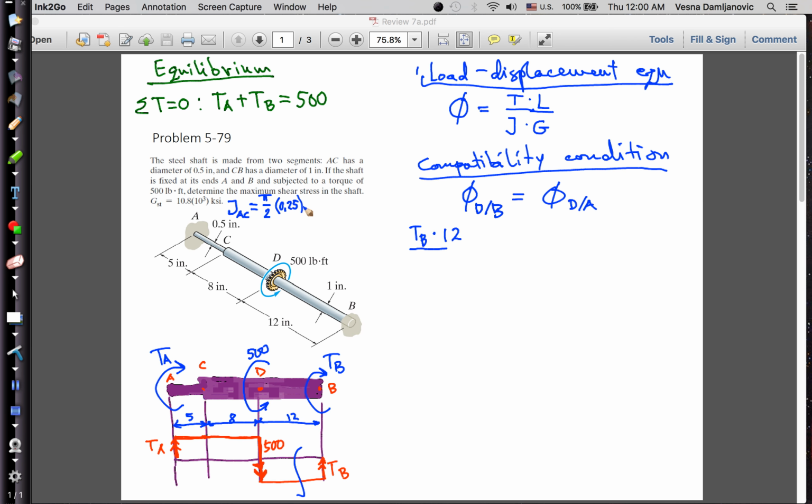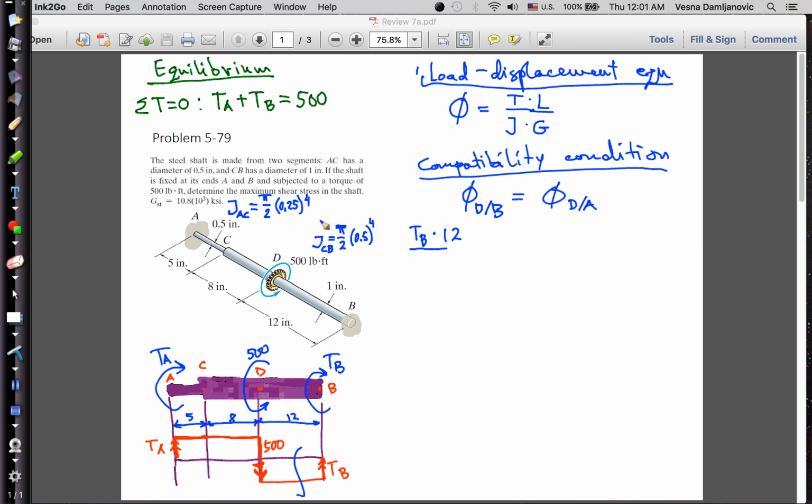And here, in this section, JBD, well, actually, JCB, that entire span is equal to pi over 2, and then half of this diameter, which is 0.5 to the fourth.